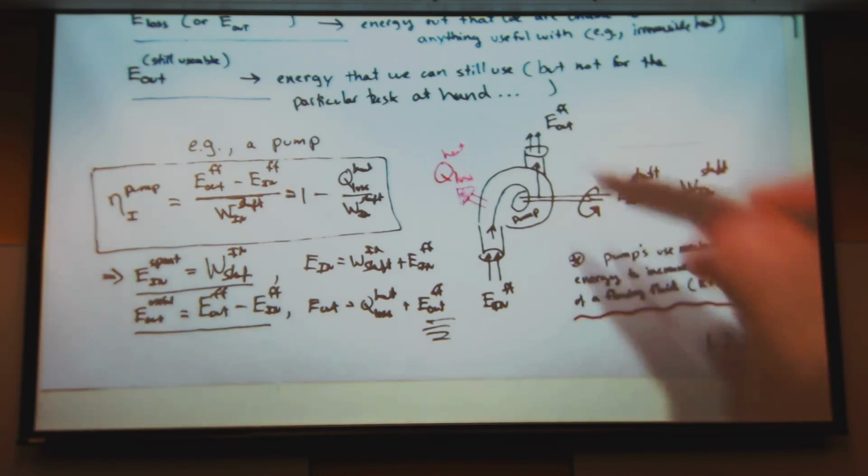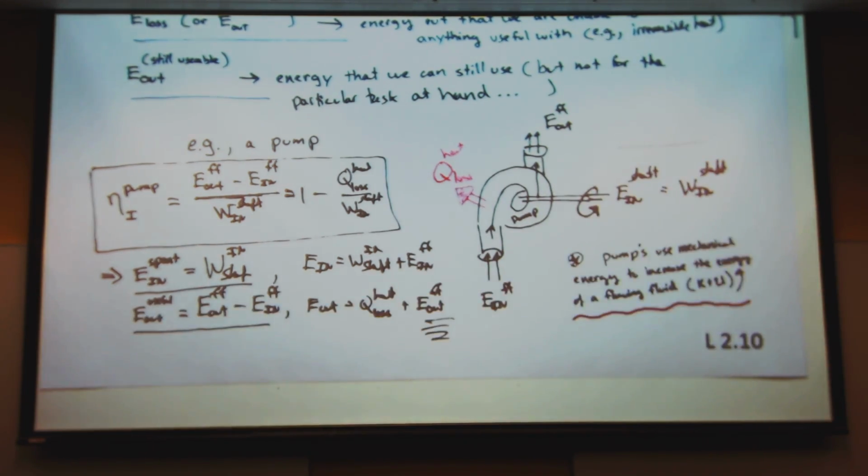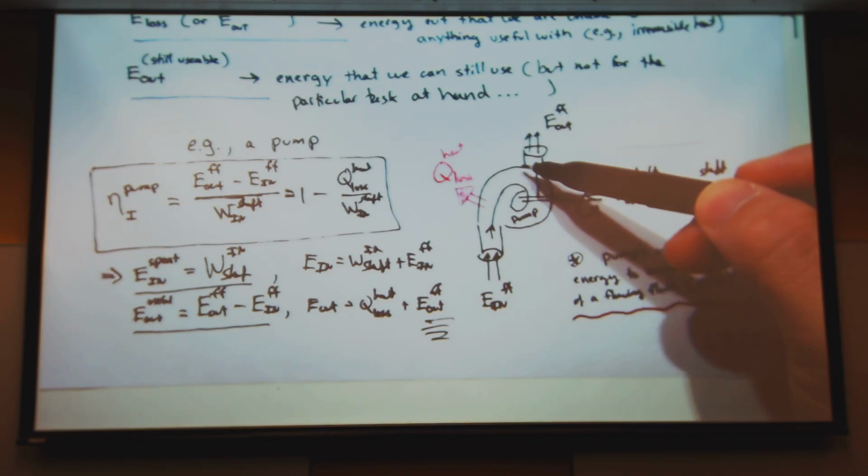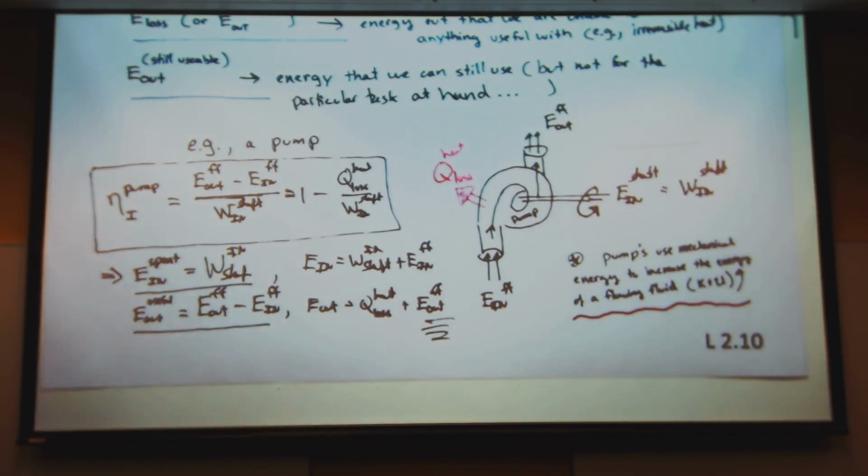But right at the outlet of my pump, I need to have a high pressure to overcome that column of water above it, or the energy required to bring it up. I could calculate the energy for a monkey to walk up a ladder, all the way to the top of the tower, right? You get the general idea. You have to overcome some energy. So the pump does that.